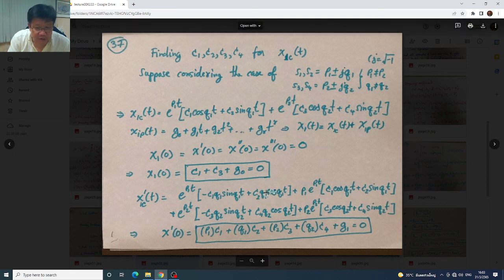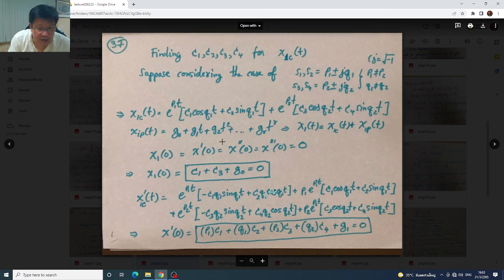This is u dv plus v du here, the same as here. And once you get the second derivative, you substitute t equal to 0. Once t is equal to 0, you can see that the sine term vanishes. Only the cos term remains.